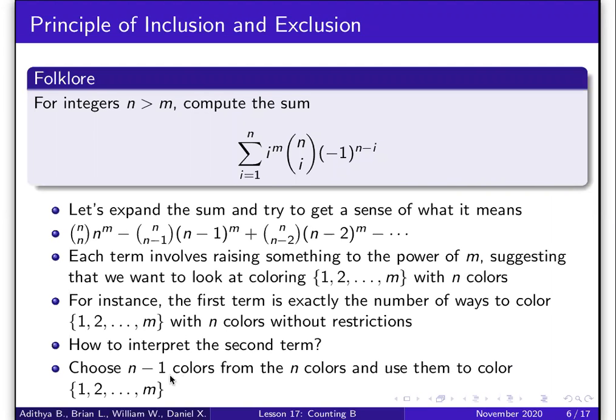The second one, each coloring involved in this term uses at most n minus 1 colors. We can't use n colors because we're not allowed to choose n colors. And if we go on to the next term, every coloring described by this term uses at most n minus 2 colors, because the n minus 2 to the m means that it can only have n minus 2 colors at most. It might have fewer.